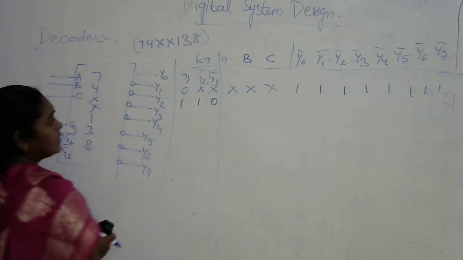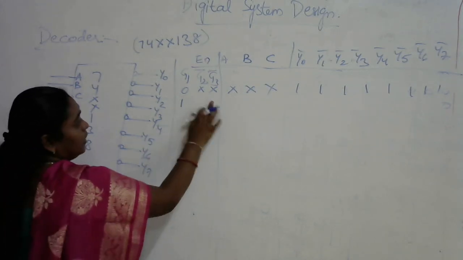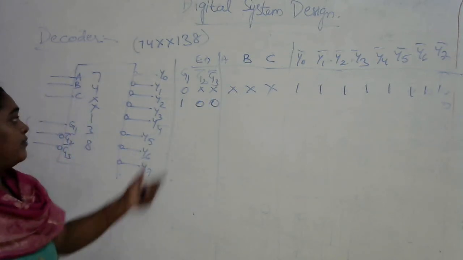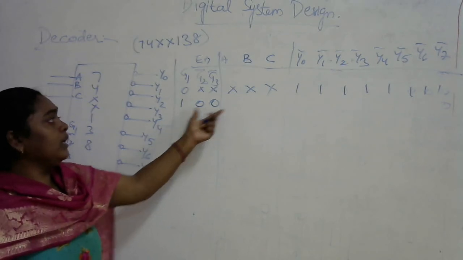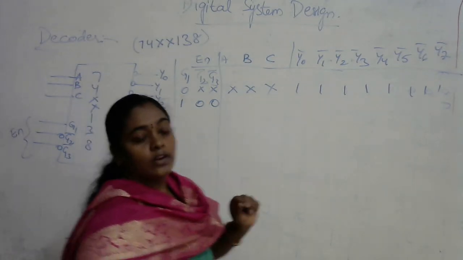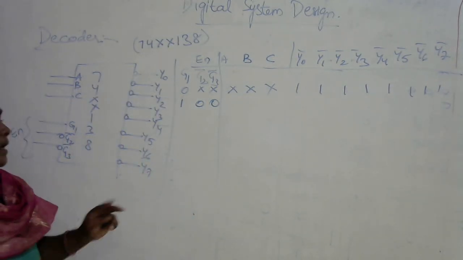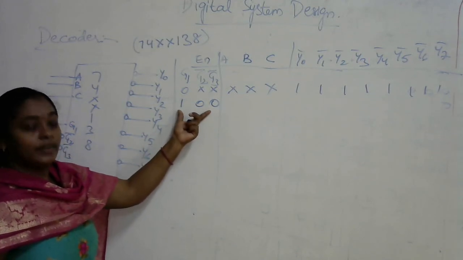So the circuit functions only when G1 is equivalent to 1 and G2, G3 are zeros. If this is the input condition for the enable pins, then only, depending upon the A, B and C values, the outputs are going to be produced in the proper format. This is the condition to make the IC functional.